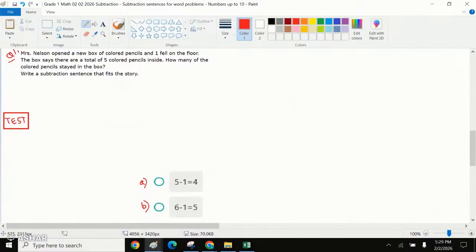Mrs. Nelson opened a new box of colored pencils and one of the pencils fell on the floor. The box says there are a total of five colored pencils inside the box. How many of the colored pencils stayed inside the box?